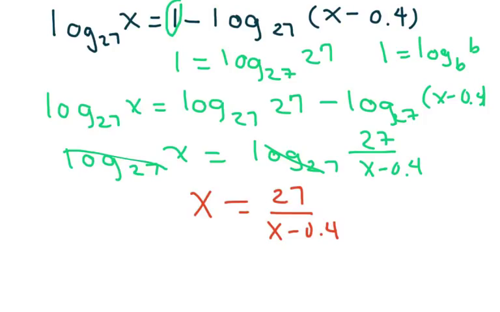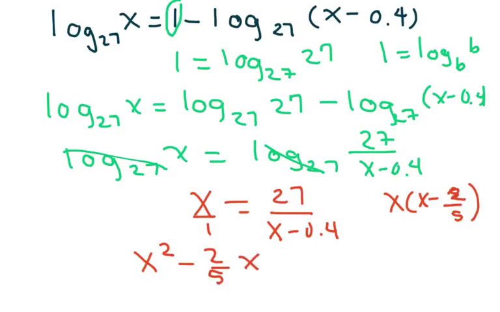And I'm going to cross multiply and I get x squared. You're multiplying these two. So it's x times x minus, this is 2/5, sorry. So that's going to be minus 2/5 x equals 27.